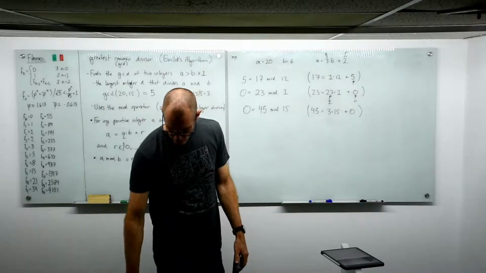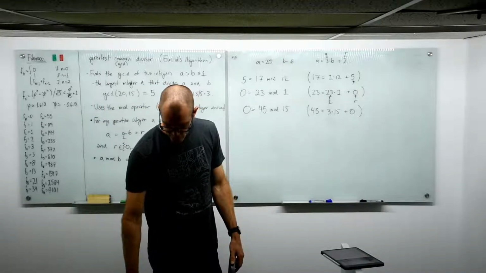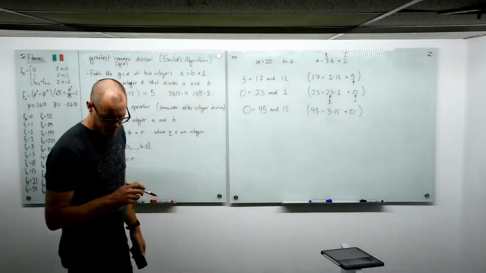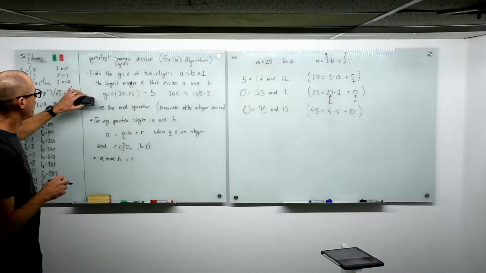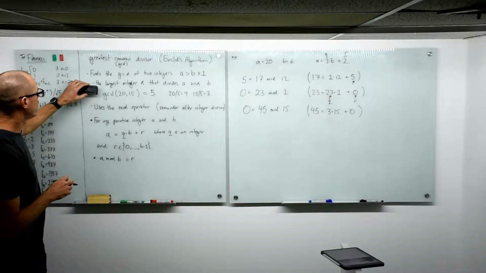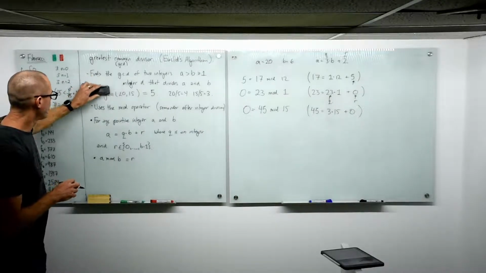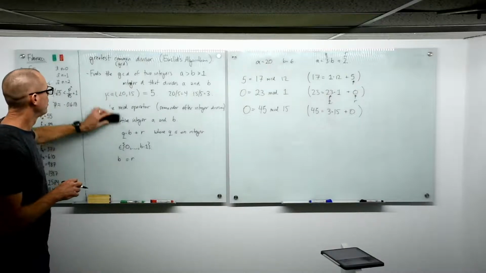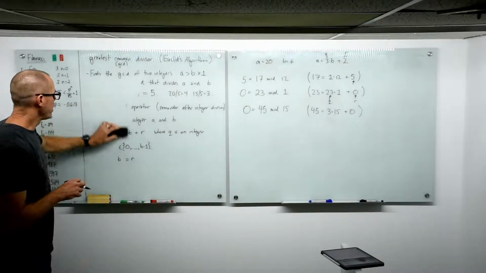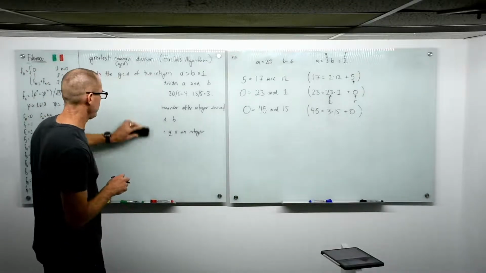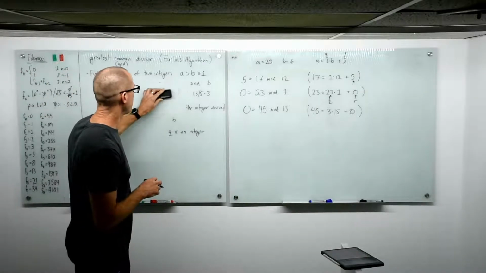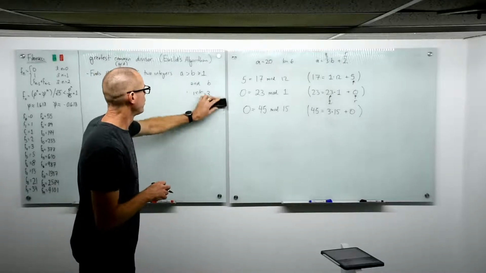So let's just write that down. Euclid's algorithm is supposed to find the greatest common divisor of A and B, where A is bigger than B is bigger than or equal to 1.